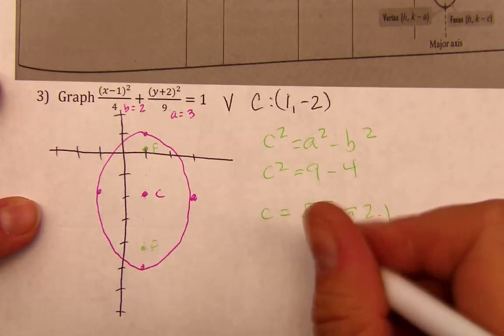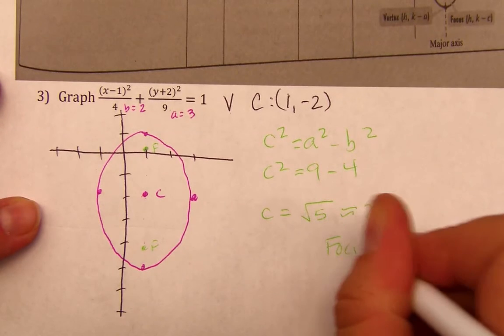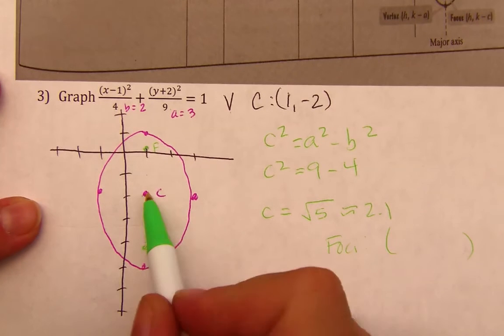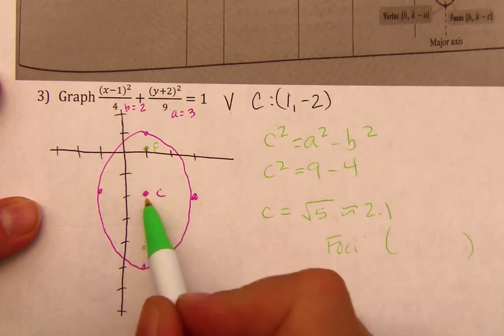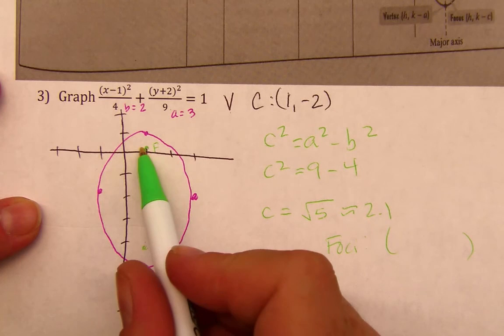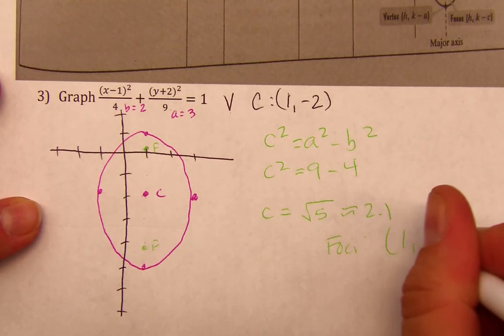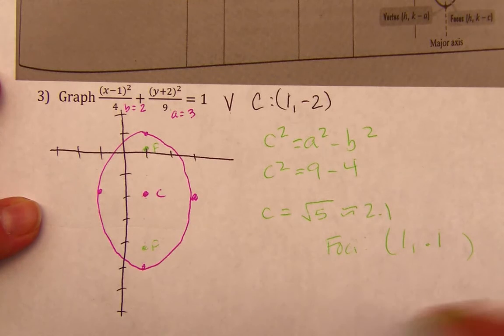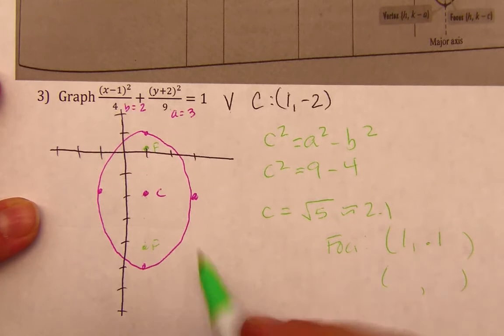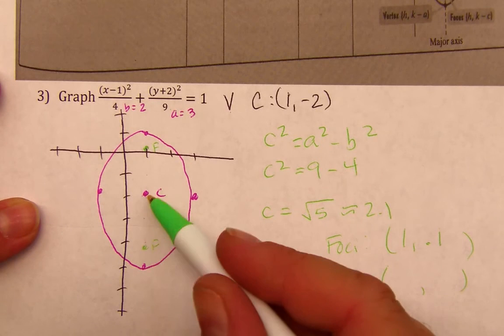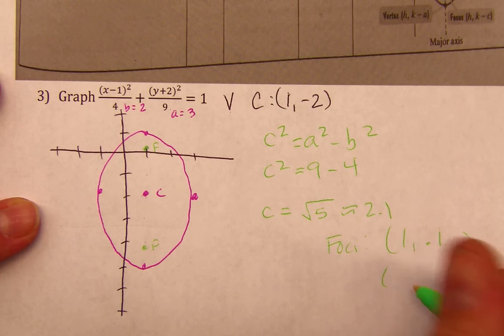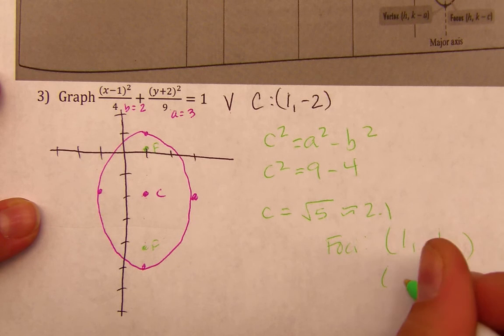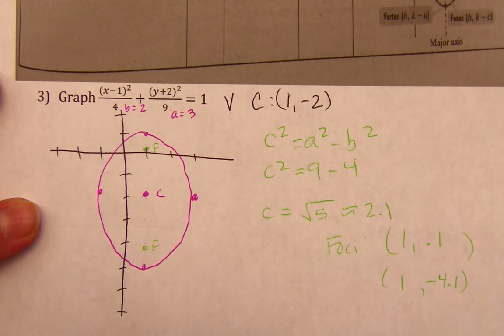So my foci are at (1, ...) going up from -2, 2.1 would be (1, 0.1). And then our other point going down 2.1 from -2 would be (1, -4.1). And those are our foci.